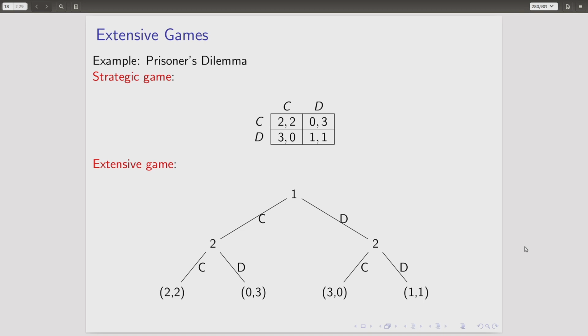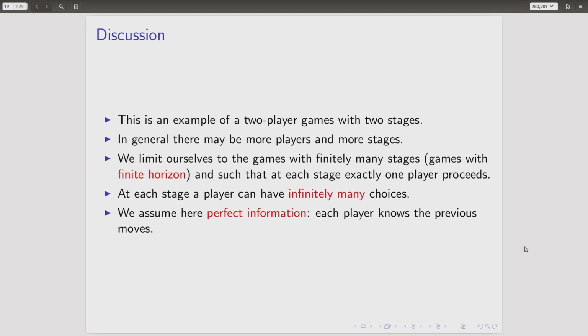If player 1 starts, let's say the player row is player 1, then he chooses either C or D, and then player 2 moves, and he can choose either C or D, and then we get those outcomes. So this game is now written out as an extensive game. The idea is obvious.